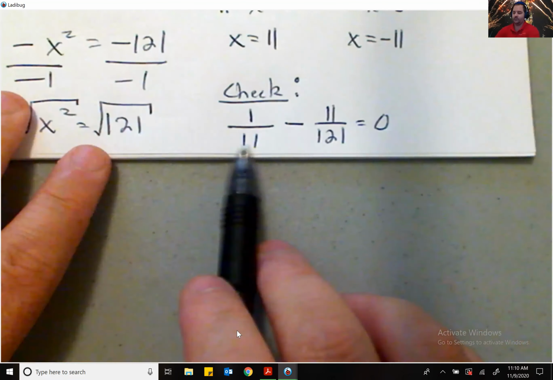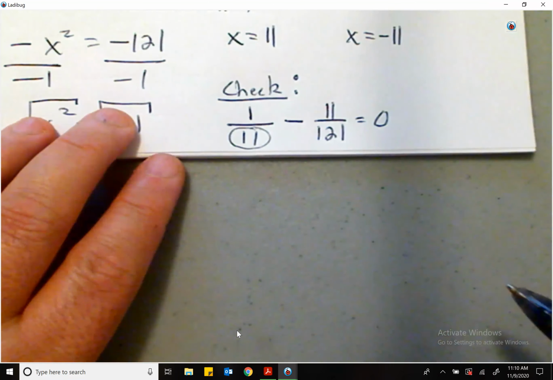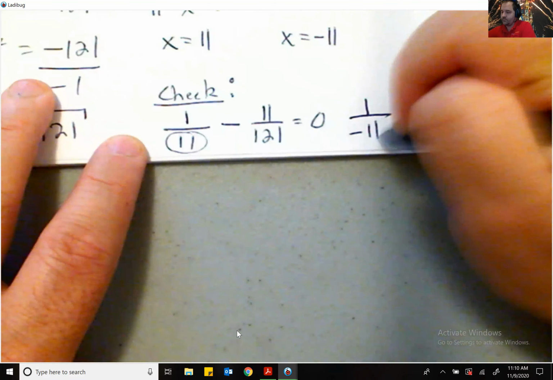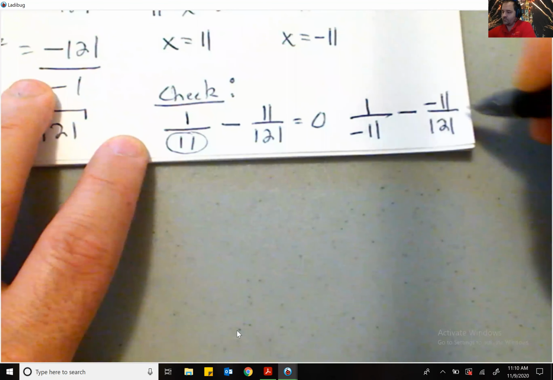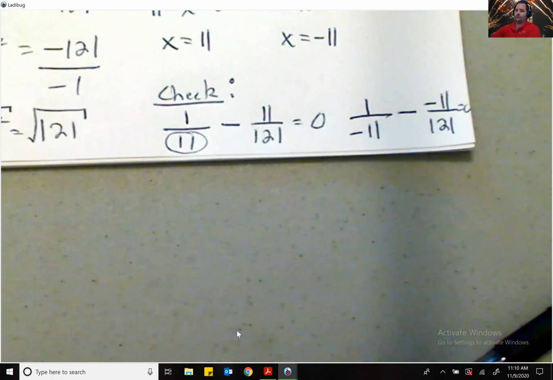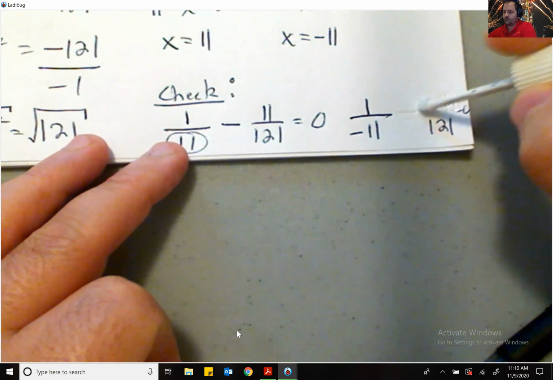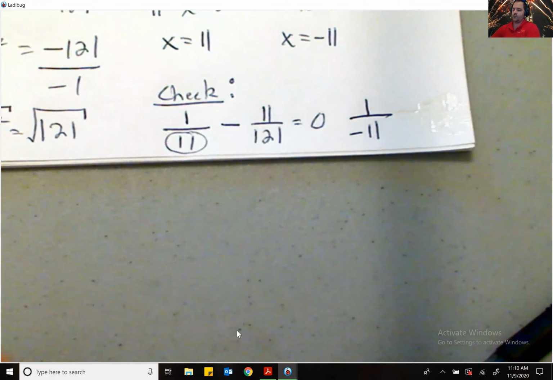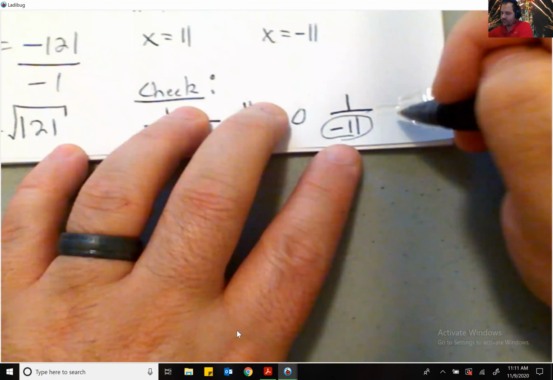so is this okay? Yes, because that's not 0. And if I check the negative 11, oh man, ran out of room. Hold on. So if I plug in the negative 11, that's really the only spot that we're plugging into.